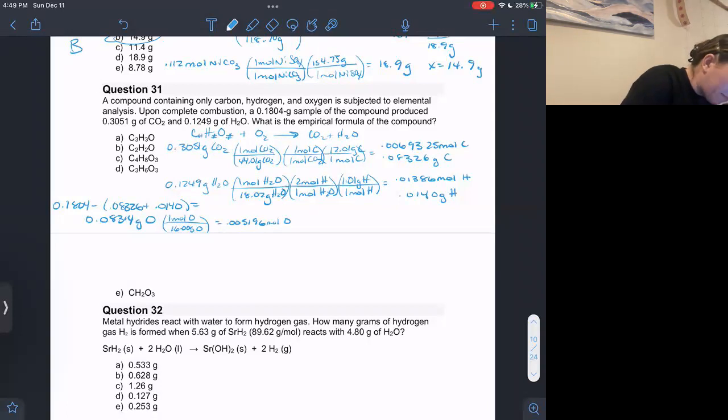Okay, so I'm going to divide by the smallest number, so I divide by 0.00519. This one will be 0.006... Okay, so this will be 1.0.